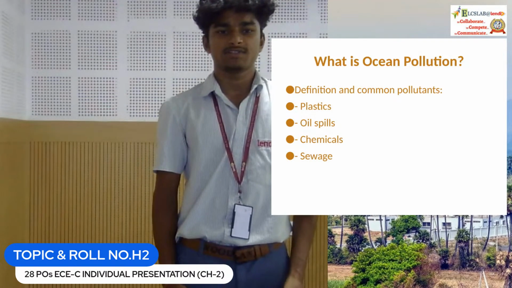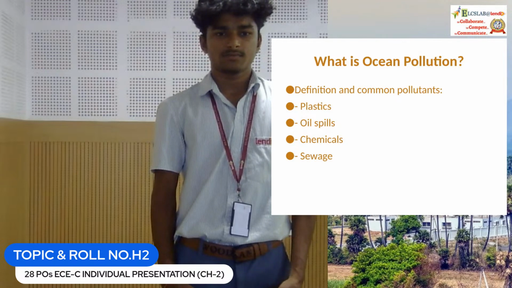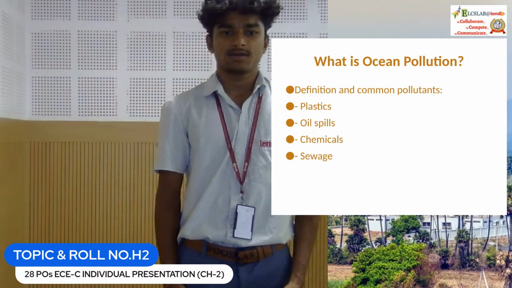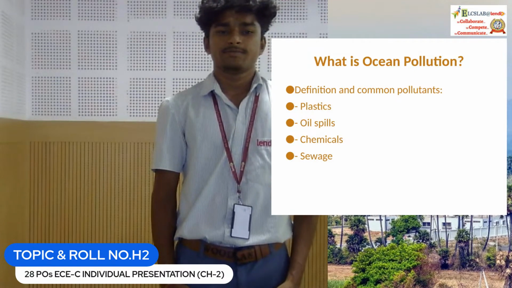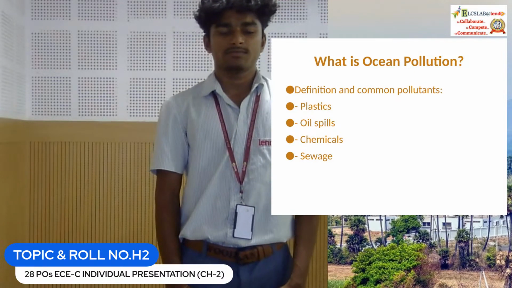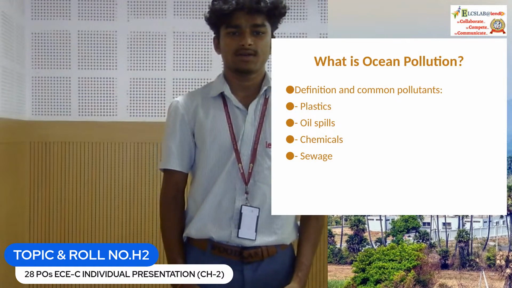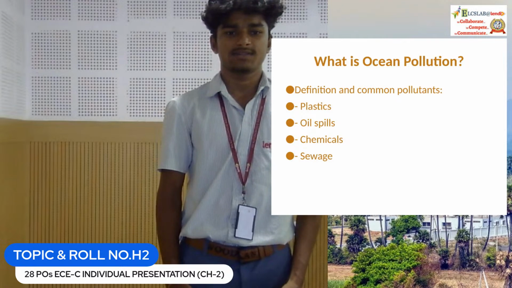And what are oil fields? Oil fields are where oils are extracted from the oceans or seas. Oils like kerosene, diesel, or petrol affect the environment and cause harm to fishes and mammals.